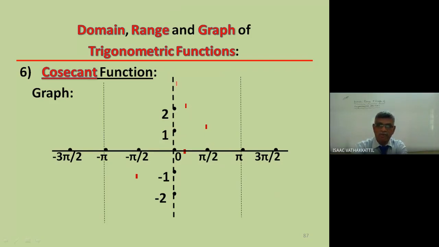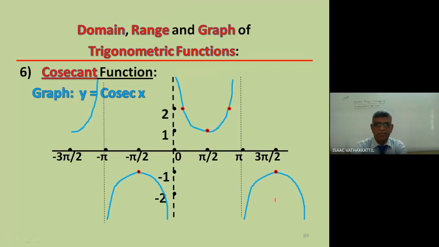Like that, the graph will be cups and caps. 0 to pi, we have a cup. Minus pi to 0, we have a cap. Pi to 2 pi, it is a cap again. It is not defined at 0, pi, or any integer multiples of pi. So be careful about all the graphs.